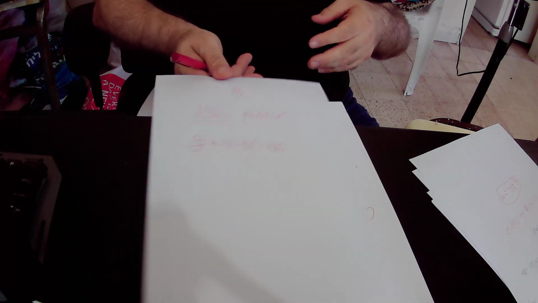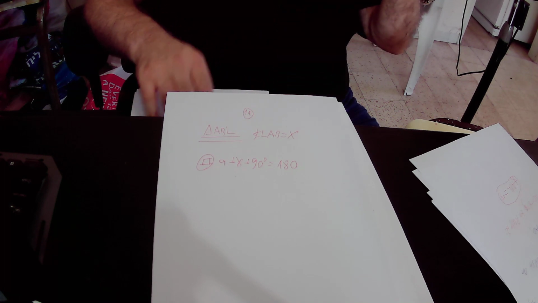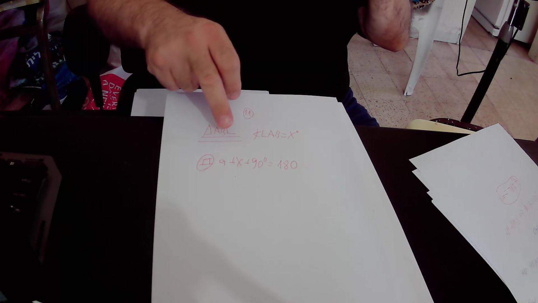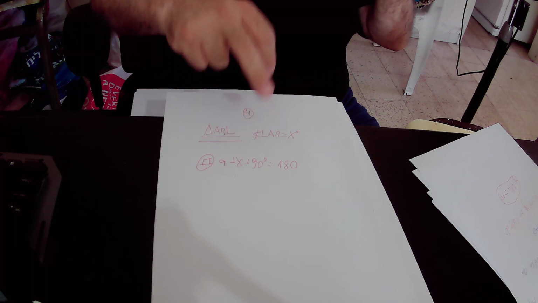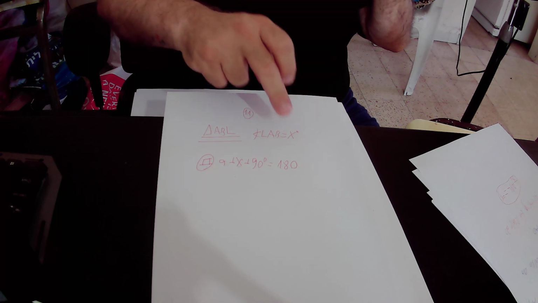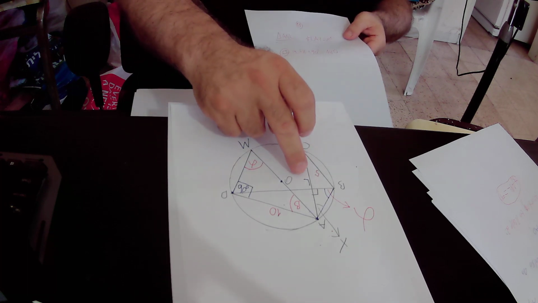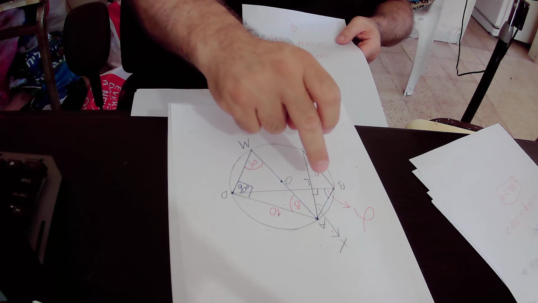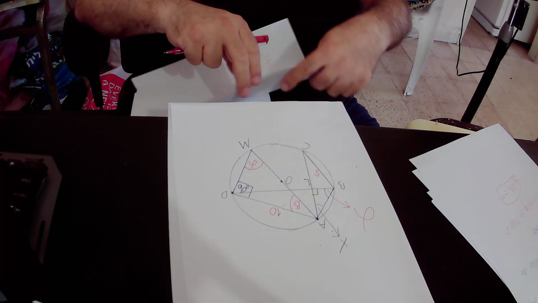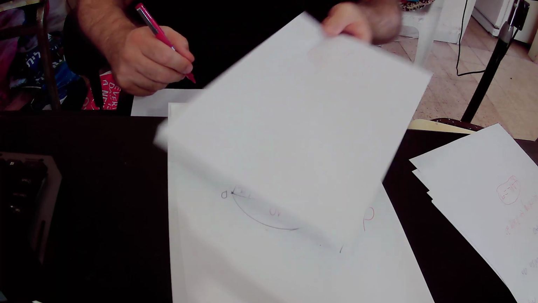So I created equation number 2 that states that the sum of the angles in the right triangle ABL equals 180 degrees. That is to say, alpha plus x plus 90 degrees equals 180 degrees. Okay, so this will be our second equation.